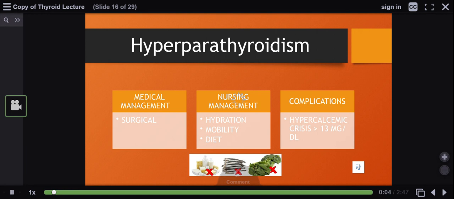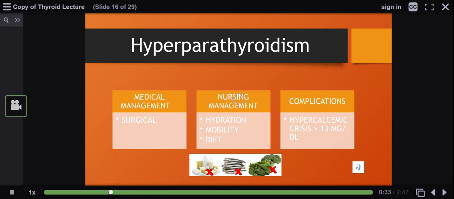The management of hyperparathyroidism really depends on the severity of the disease itself. In mild cases, most oftentimes the physician will monitor the client closely for any disease progression. However, in more severe cases of primary hyperparathyroidism, surgical management will take place and a removal of the abnormal parathyroid tissue.